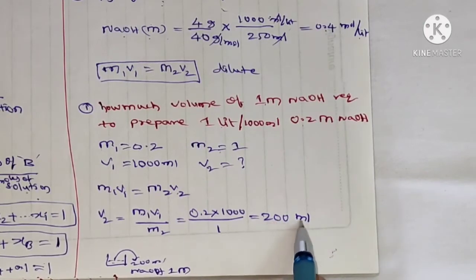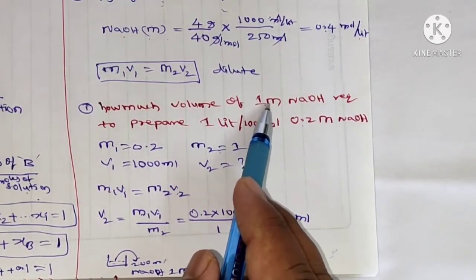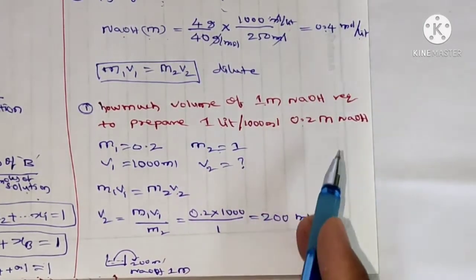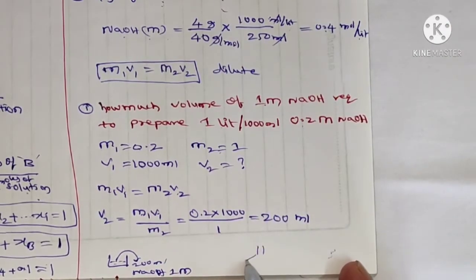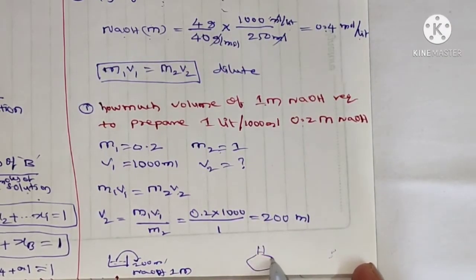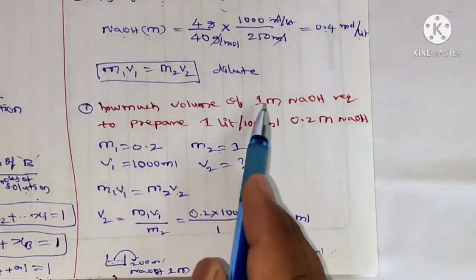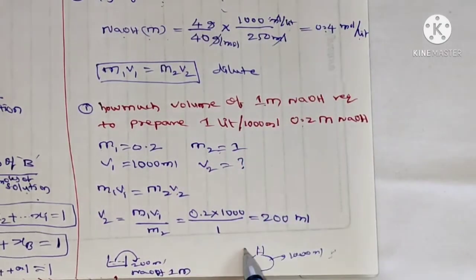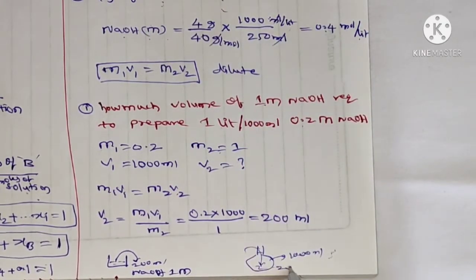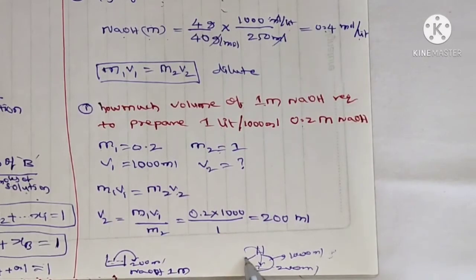So take 200 ml of 1 M NaOH and take one standard flask, a 1000 ml standard flask, and dissolve that NaOH with distilled water.